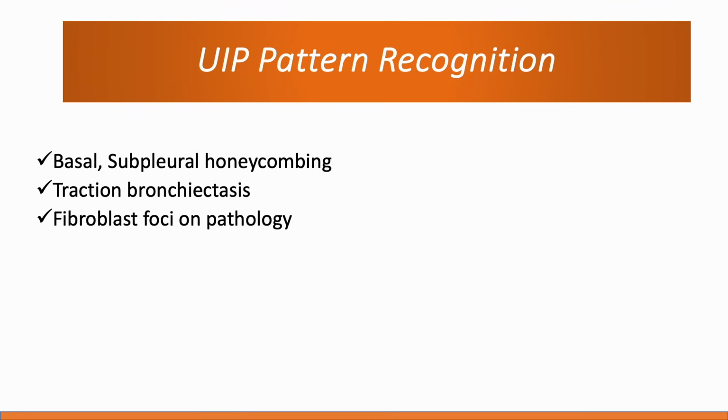Tractional dilatation and bronchiectasis is classical. Fibroblast foci on pathology. So when we see a basal subpleural predominant pattern of interlobular septal thickening, traction bronchiectasis, and honeycombing, which is a must for UIP pattern, we would call it UIP.